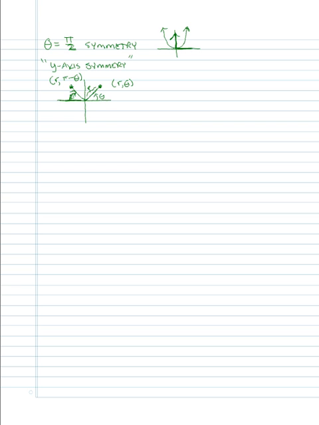So here what we're going to do is show r equals 5 plus 5 times sine of theta is symmetric about the y-axis. Now that's not quite accurate. Remember, this isn't really the y-axis, it's theta equals pi over 2. But we're going to call it the y-axis.